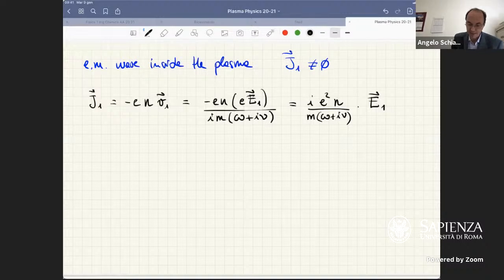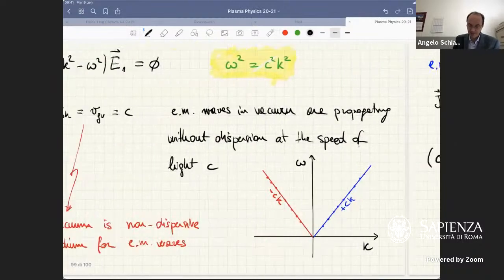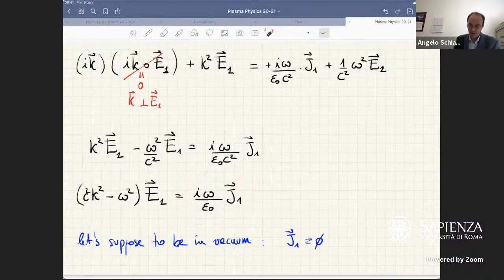And now we can plug it in our formula. So remember that in the absence of J, we had on the left-hand side c squared k squared minus omega squared that multiplies the electric field. And then what we had, let's go back, we had i omega times J1 divided by epsilon naught.